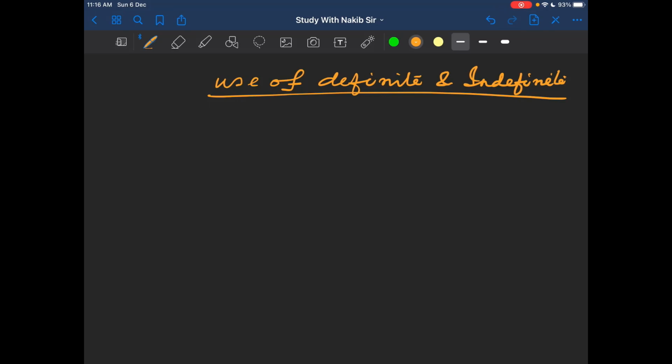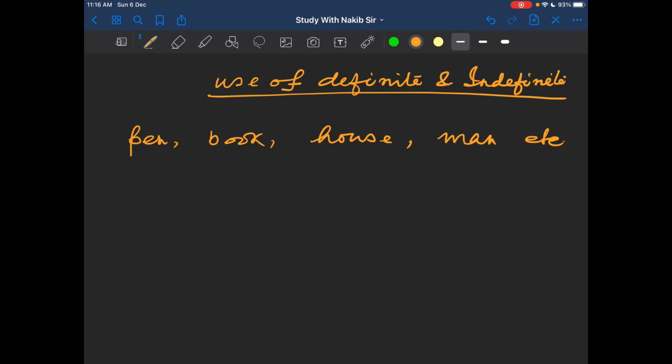If the noun is a count noun, like pen, book, house, man, etc. These are the examples of common nouns or count nouns.